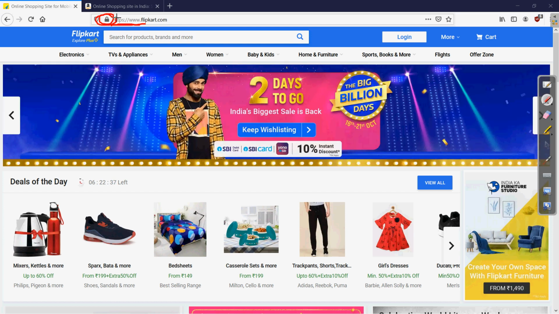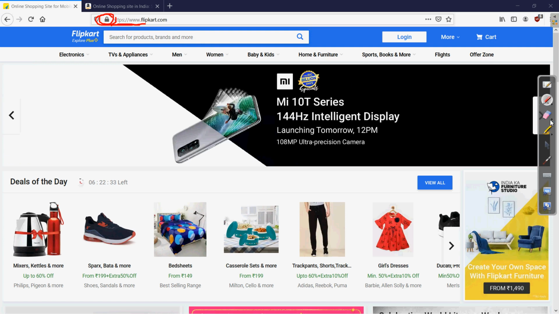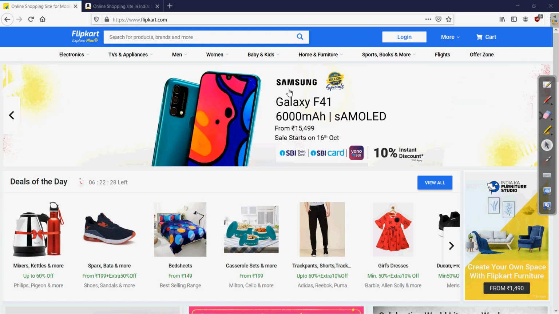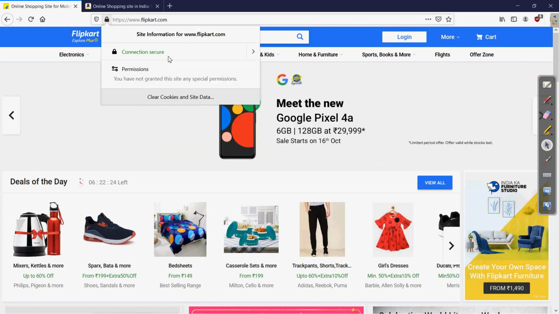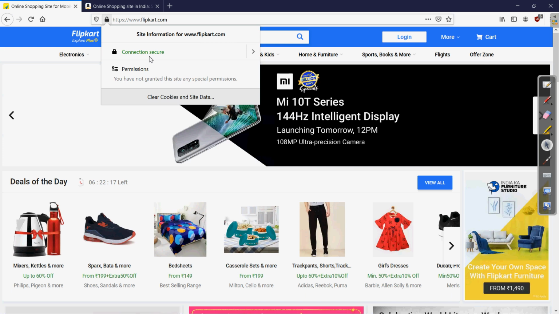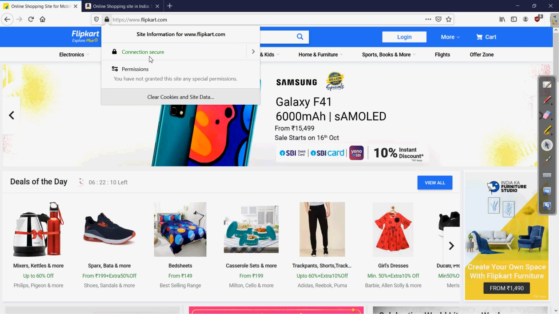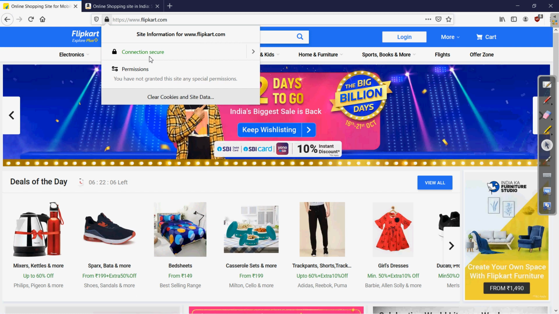So these are the indicators which show that the website is secure and we can do the payment. If we click on this lock symbol, you can also see that it says the connection is secure. Clear? So there are open connections and secure connections. An open connection will have the URL with HTTP. If it is HTTPS, then it is a secure connection, and the payment can be done on these websites.